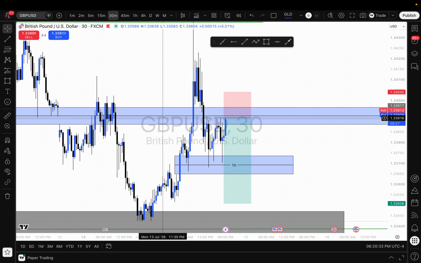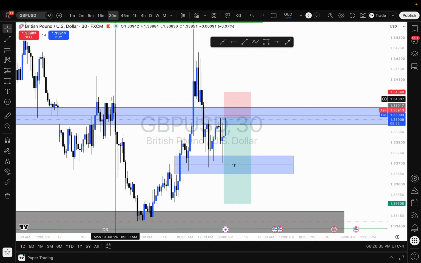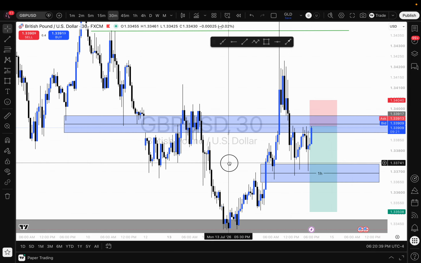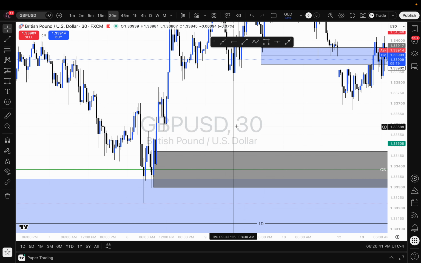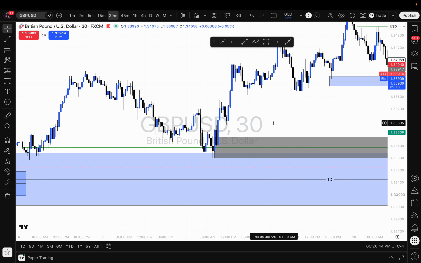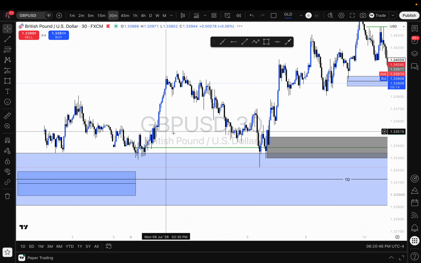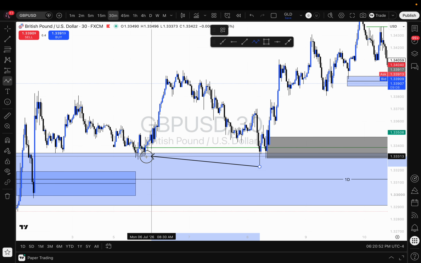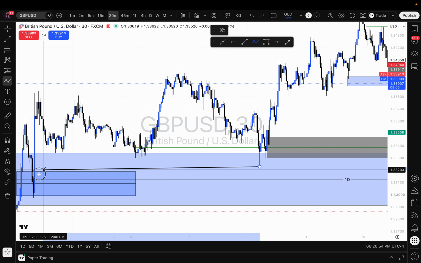On my 30-minute now, see how this liquidity was up here too. Sell side liquidity came up, then came down, and if it was buy side liquidity, it would look something like this black candle right here. It's the bearish candle. Came, swept liquidity, all these lows right here. 50% of this fair value gap right here that I did mark up.